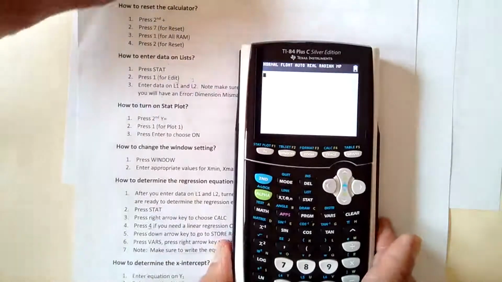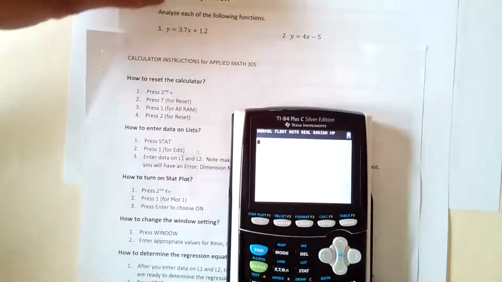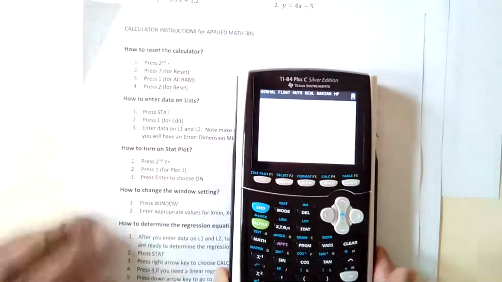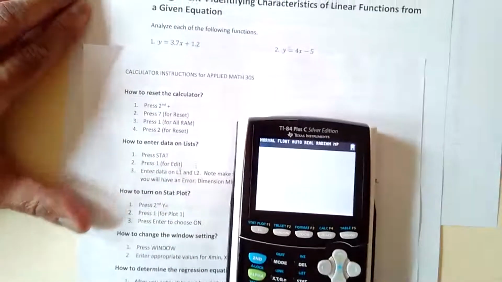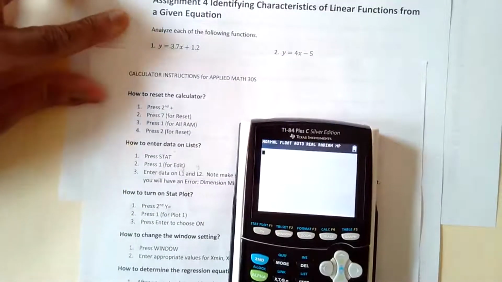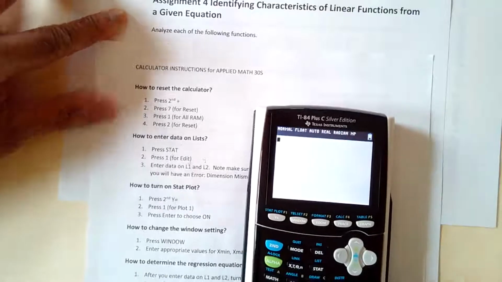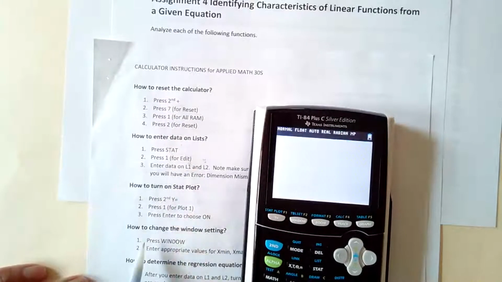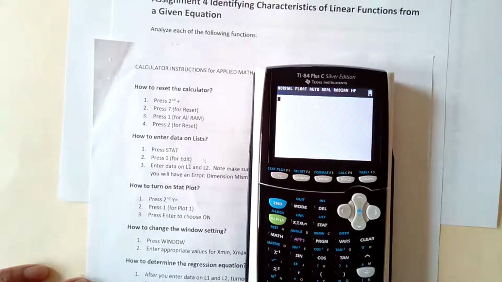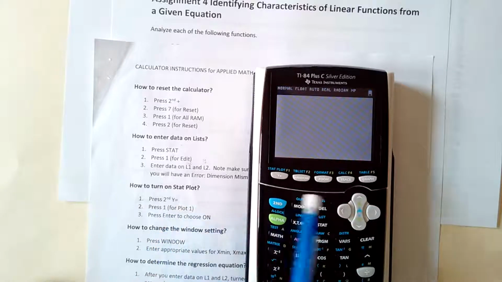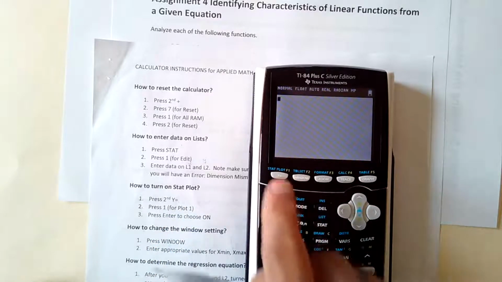So we want to input into our calculator y is equal to 3.7x plus 1.2. We'll ignore all of these. We just want to enter into our window here. Okay, so we press the Y equal button.